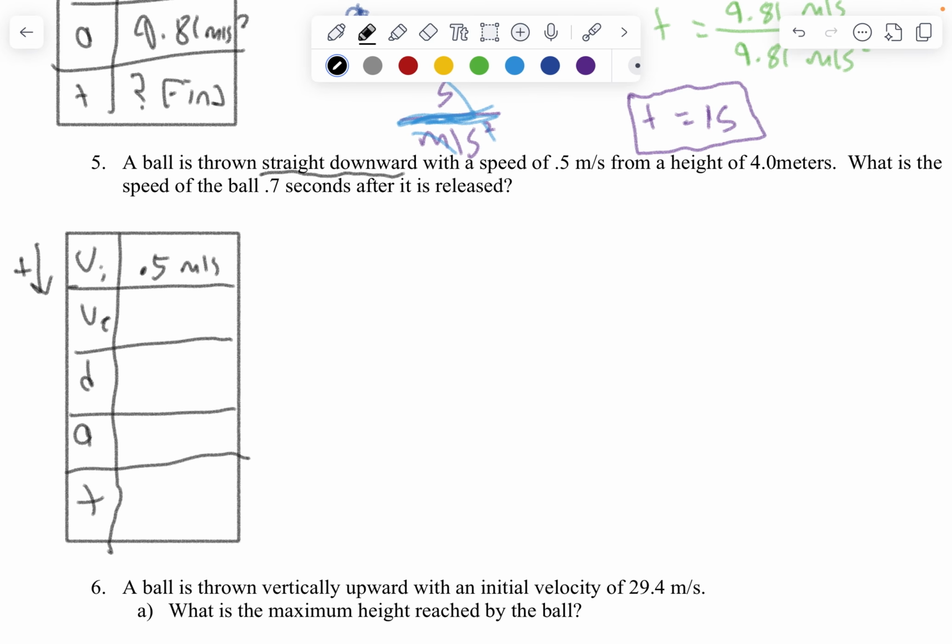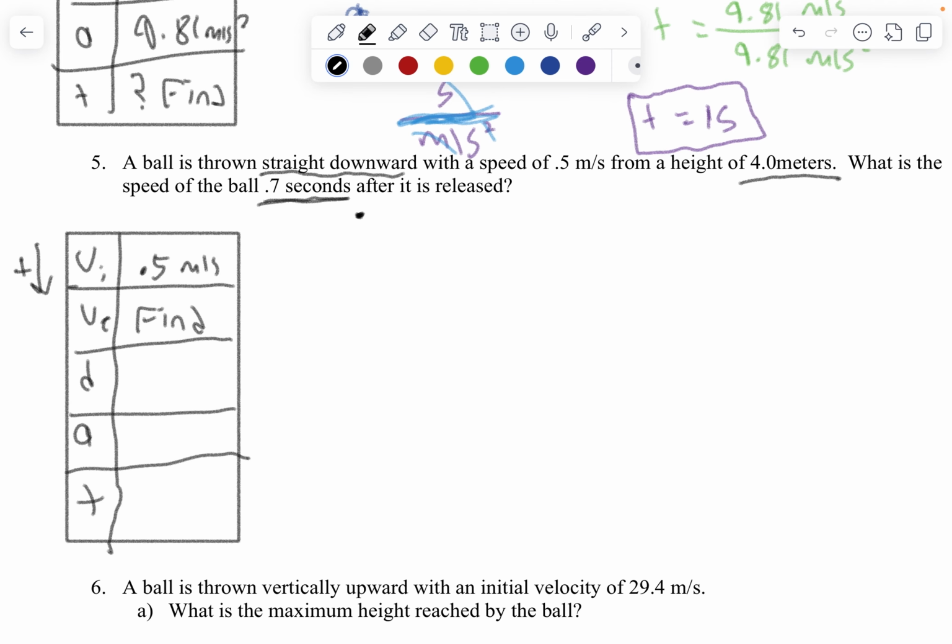So we have the final velocity. What do we know about it? Well, we're trying to find the final velocity, so I'll write find. And then it says from a height of 4 meters. But here's the thing: this height of 4 meters is really irrelevant if you think about it. If we're dropping something from a height of 4 meters, it doesn't matter how high we're dropping it from.